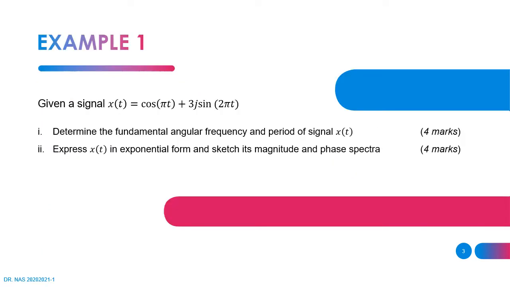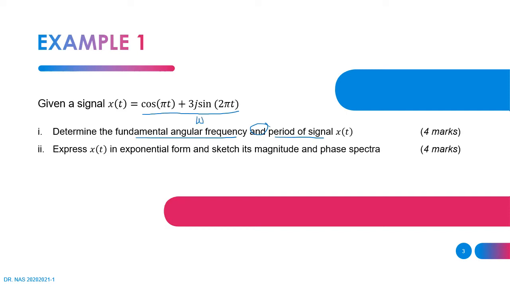Given a signal as shown, x(t) equal to cos pi t plus 3j sine 2 pi t. You need to determine the fundamental angular frequency and period of signal x(t). What is the fundamental angular frequency?